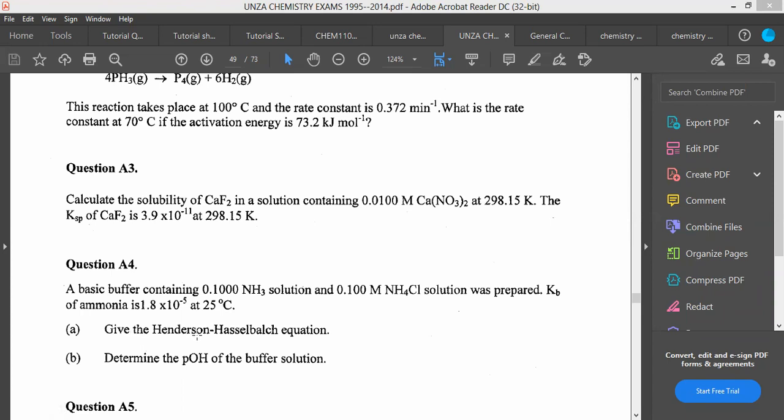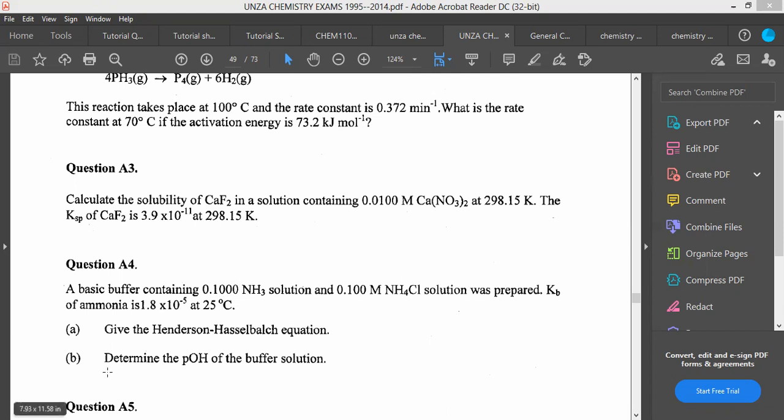Give the Henderson-Hasselbalch equation. The HH equation is what? You are dealing with a base, so it is going to be the pOH and not the pH form of the Henderson-Hasselbalch equation. So pOH is equivalent to pKb plus log of the ammonium salt, which is ammonium chloride, divided by the concentration of ammonia.